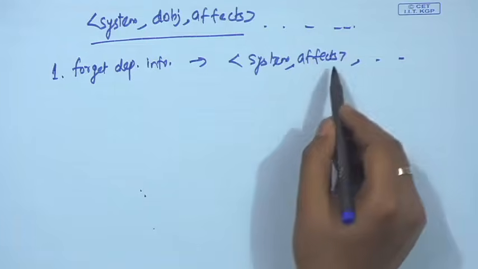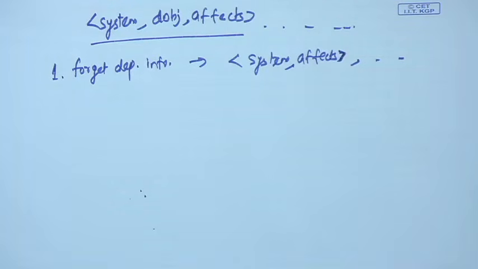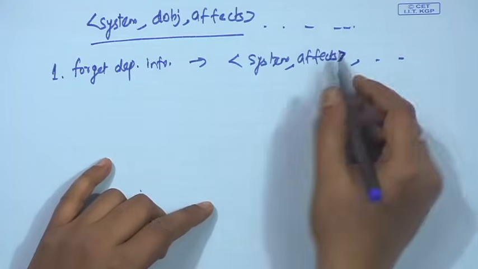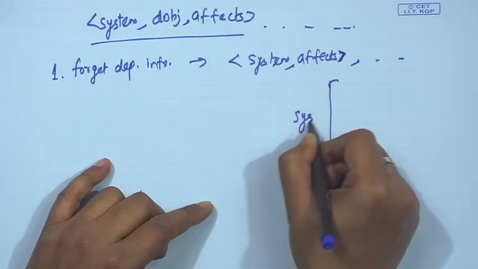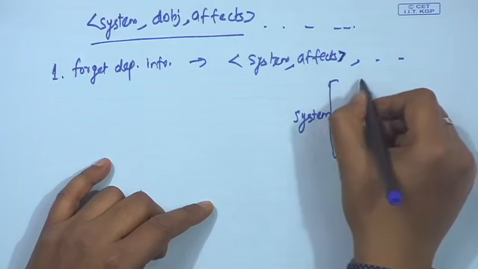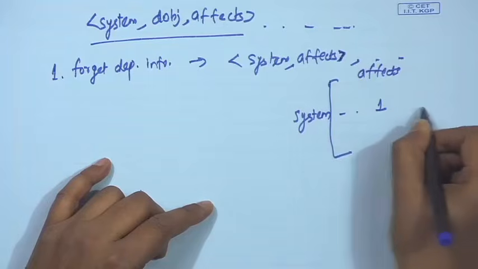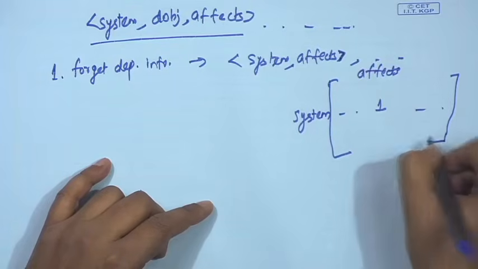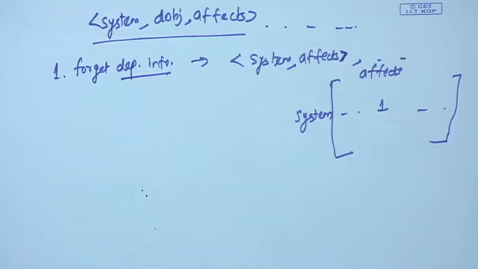You are going back to your earlier DSM, where you were not using the structure. So this you can again convert into that kind of model: the word system is here, and what is the co-occurrence with the word affects, and you will have one, and so on. This is one way, where you forget the dependency information, but that's not what you wanted, right? You wanted this information for some reason.